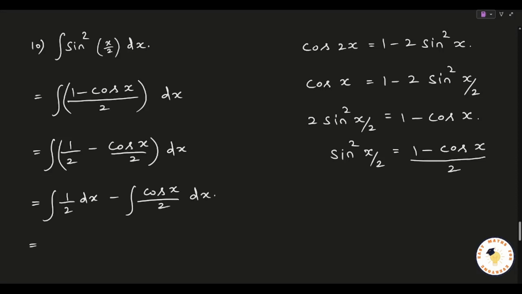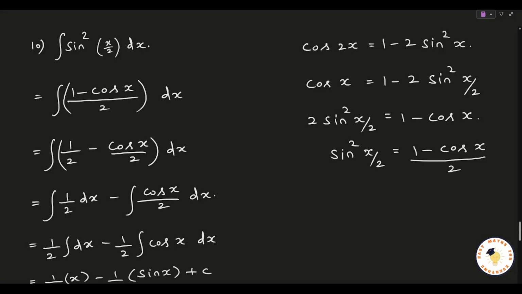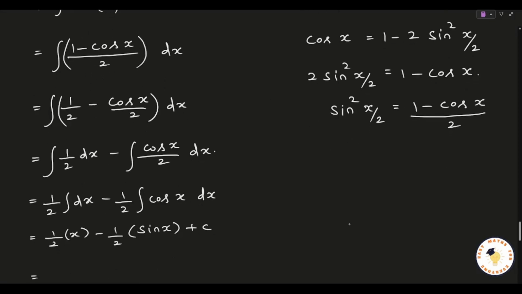Taking out the constants, we get 1 by 2 integral dx minus 1 by 2 integral cos x dx. And this will give us 1 by 2 into x minus 1 by 2 into integral of cos x, which is sin x plus c. If required, we can take this 2 common and write these terms combined as x minus sin x by 2 plus c.